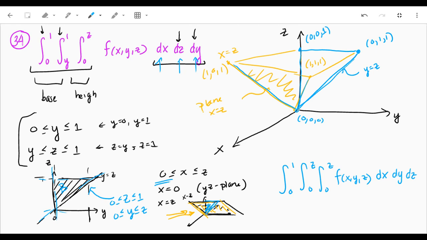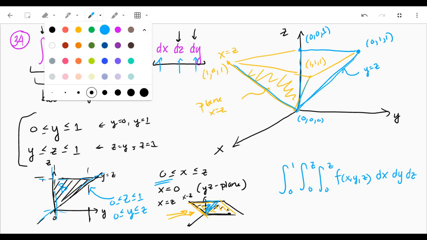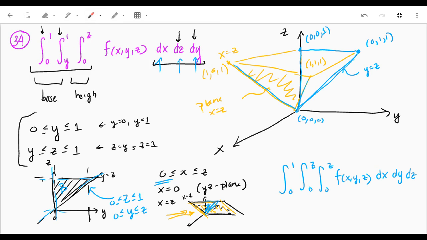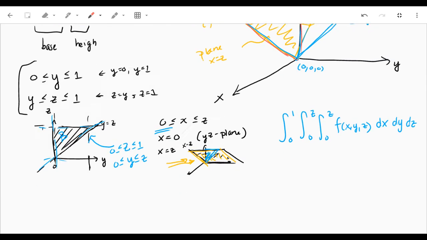Now, the other plane that would be kind of easy for us to project onto would be the XZ plane, because you can see how there's some symmetry there. So if we look in your XZ plane, I'm going to run out of colors here. Think about this triangle here in the XZ plane. Let me scroll down a little bit.